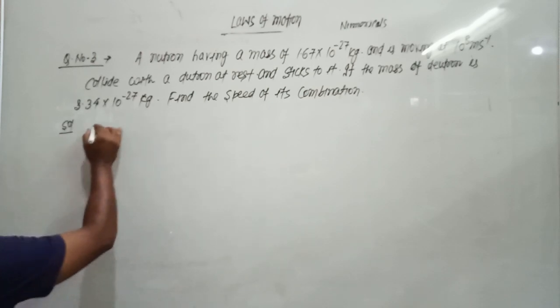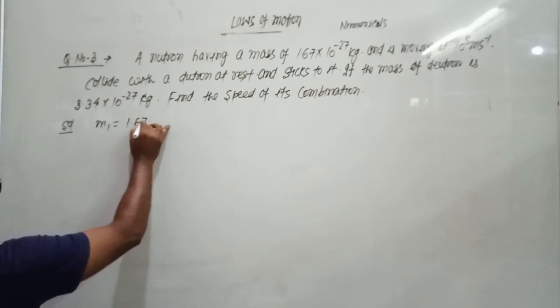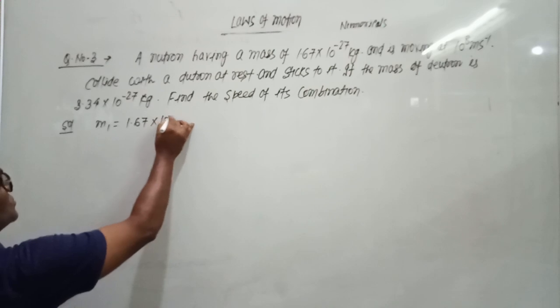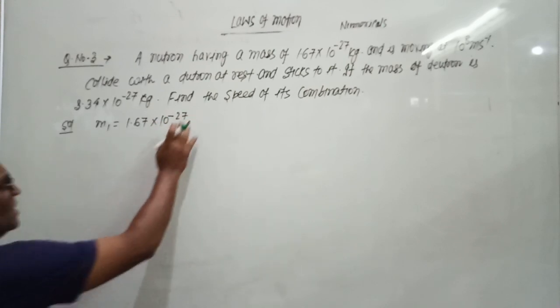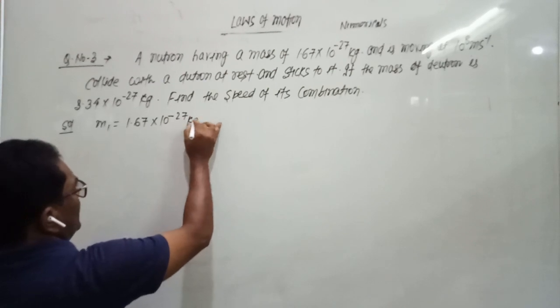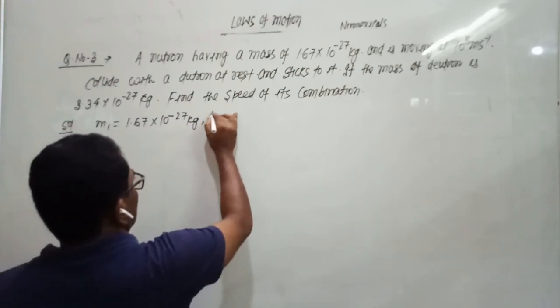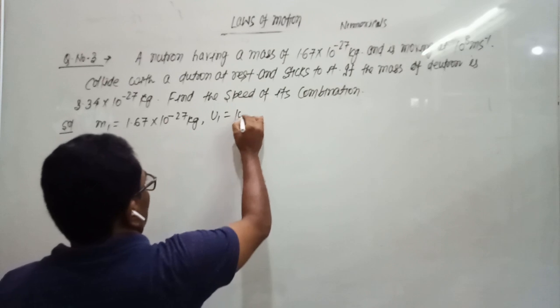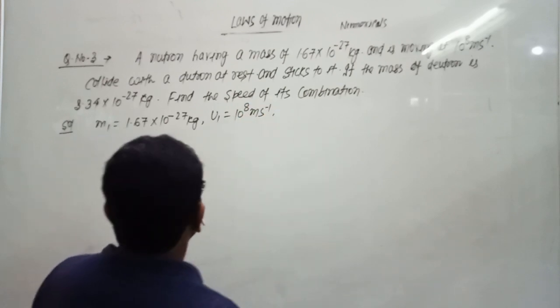So let m1 be the mass of the neutron, which is 1.67 × 10^-27 kg, and it is moving with a speed of 10^8 meters per second. So u1 is 10^8 meters per second.